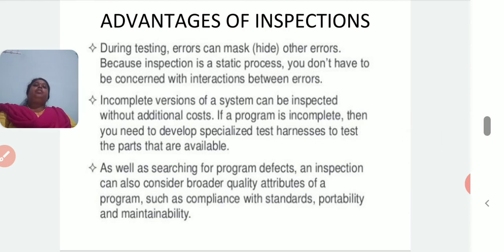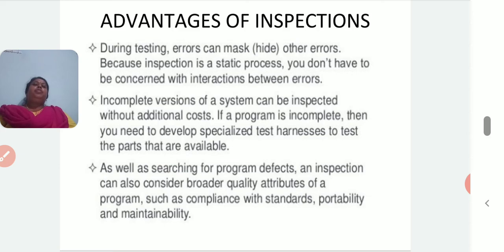Next, what are the advantages of inspection? What are the advantages of checking? The main advantage is that we can find errors. During testing, errors can hide other errors, but because inspection is a static process, we don't have to be concerned with interactions between errors.